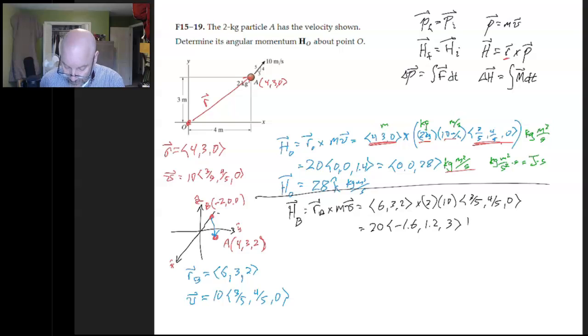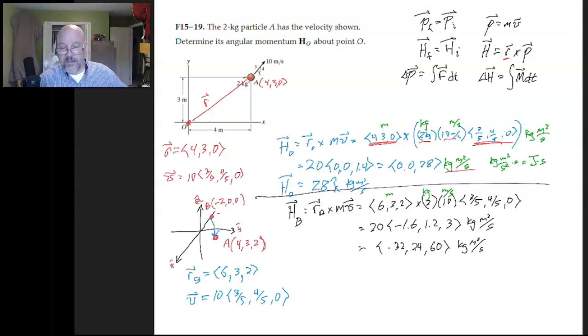We still have this unusual set of units, meters, kilograms, meters per second. Now if we distribute the 20, we end up with minus 32, 24, and 60 kilogram meter squared per second.